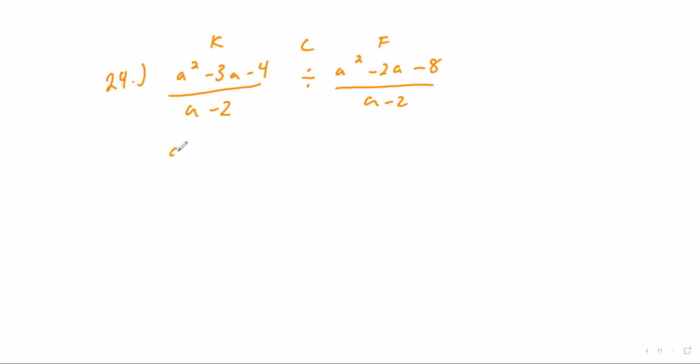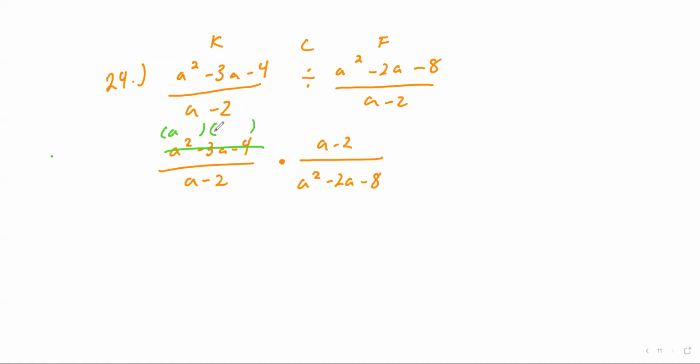So I'm going to keep the first fraction as is, change this to multiplication, and flip this fraction. Once you've done this step, then repeat the process from earlier. Factor, so a trinomial factors into two binomials where the leading term is an a. What multiplies to -4 but adds up to 3? Well, that would be -4 and plus 1.